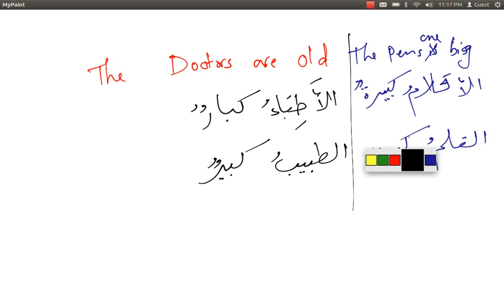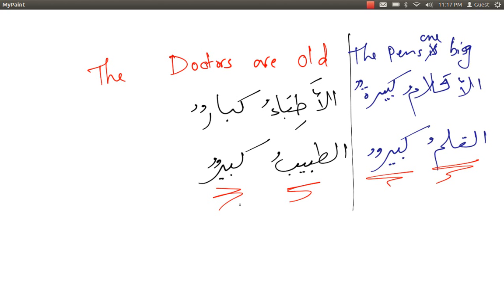So notice that although qalam is a masculine word, and tabib is a masculine word, when you describe them with an adjective or give a piece of news, you would use the masculine form. When they become plural, a group of three or more, you would treat them differently.